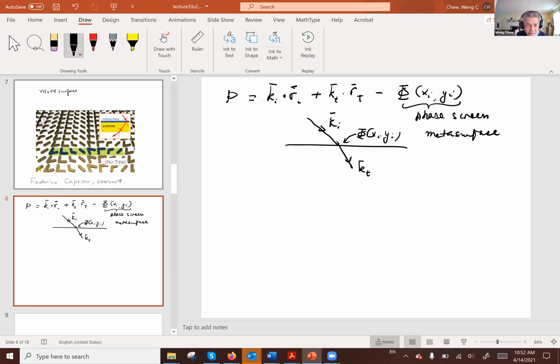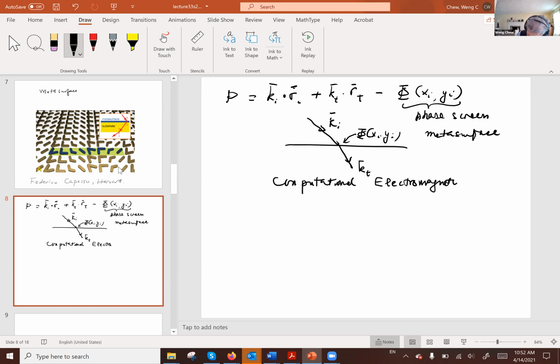You can actually solve this problem using numerical software, using the field called computational electromagnetics. We'll learn about computational electromagnetics later on in the course.